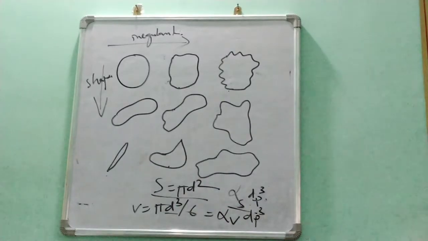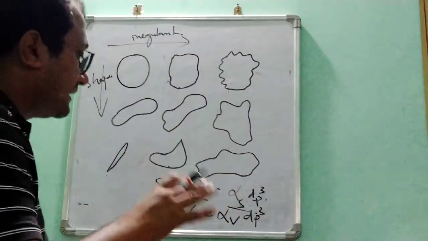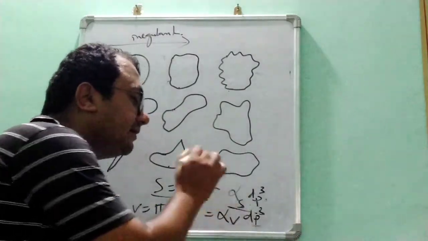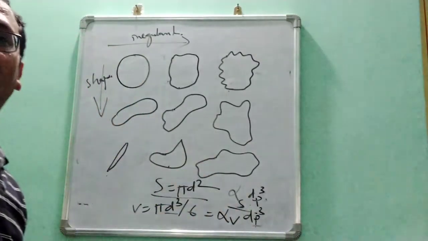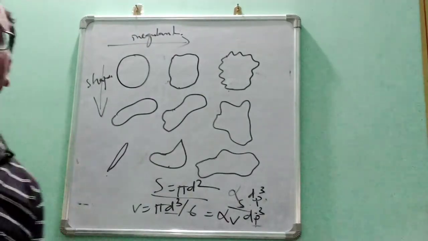So like this we can calculate different types of diameters of the particles by taking different equations. The diameter we are getting here is known as the projected diameter, and we find it under the microscope. So this is all about particle shapes.